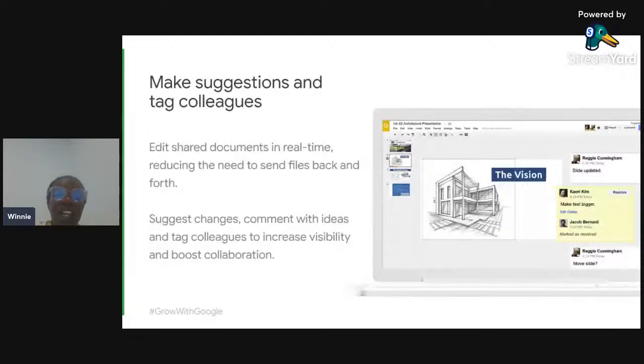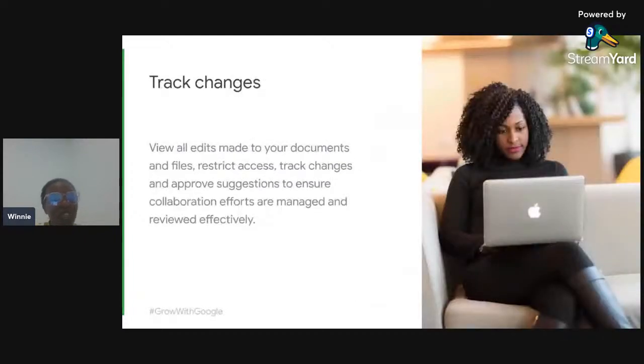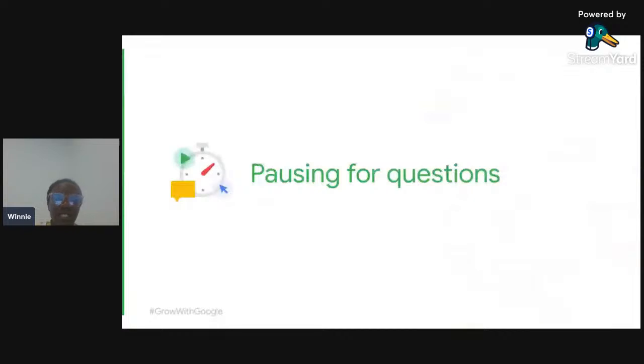They can see it, get the notification and do the necessary. You can also track changes. For example, if you want to see what has been worked on since yesterday, you can see the last edits that were made, compare them with today, and see what the difference is.